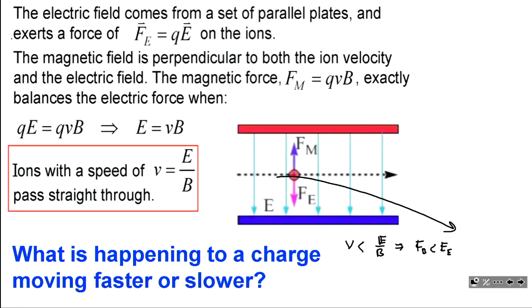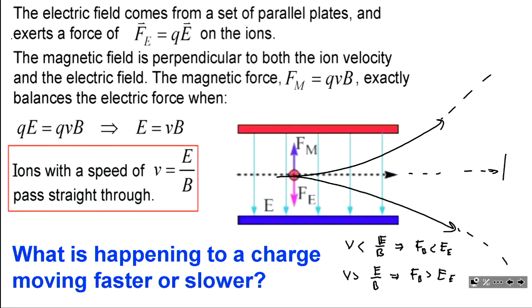Trajectory would have been bent in the direction of electric force. What would happen if the charge would be traveling faster? In that case, magnetic force would have been stronger, and the charge would have been deflected again. And if we had a charge catcher here, photoplate, for example, these charges would miss it. So only those charges with that specific speed can travel through this device.